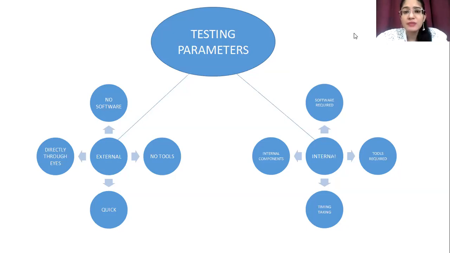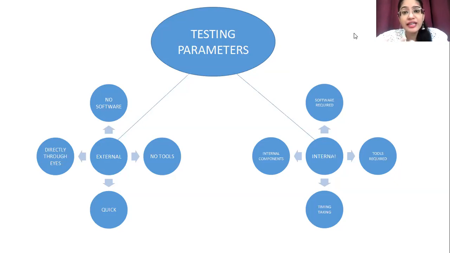Now, what are these parameters? These parameters are nothing else but the design out there, external design, keyboard, keys intact, keys working, whether the keys are working or not. Touchpad is there, whether the touchpad is providing all the touch controls, whether it is working on the gestures or not.